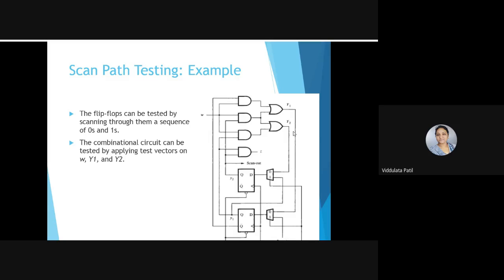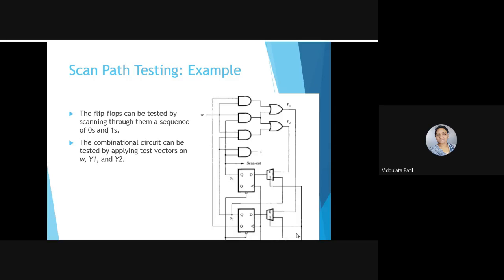This is connected to the zero input, which I have stated as 0. For the one input of the second multiplexer we have Y1, and for the first multiplexer there is a scan in input.